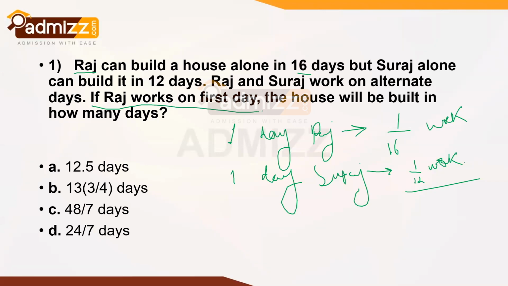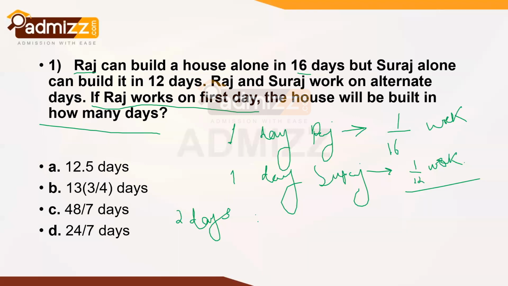If Raj works on the first day, their house will be built in how many days? So take a look at this. Since they are working on alternating days, in 2 days, that is to say, in the first day Raj does 1/16 of the work, and in the second day Suraj does 1/12 of the work.